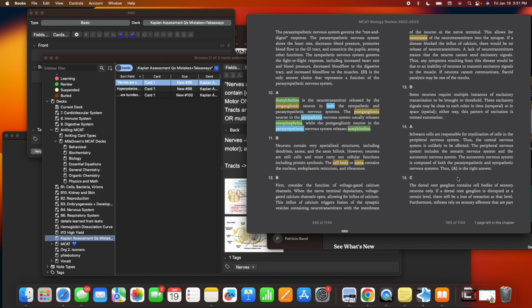The dorsal root ganglion contains cell bodies of sensory neurons only. So dorsal root, cell bodies of sensory, yes. And if a dorsal root ganglion is disrupted at a certain level, there will be a loss of sensation at that level.